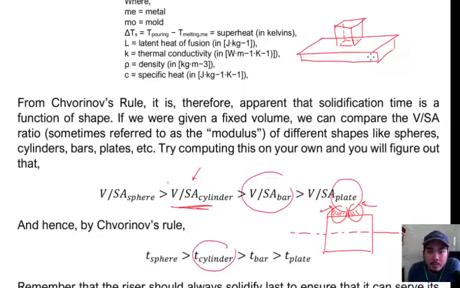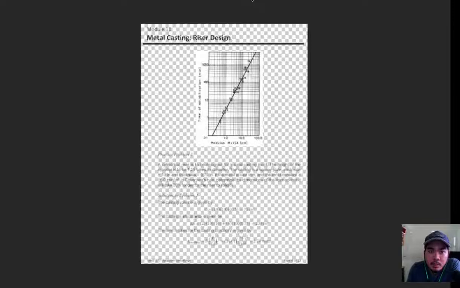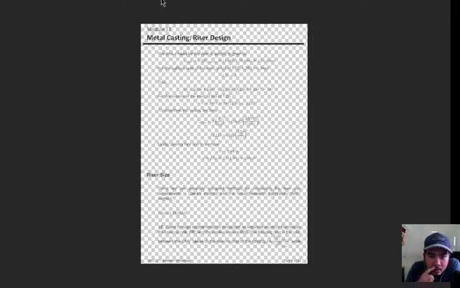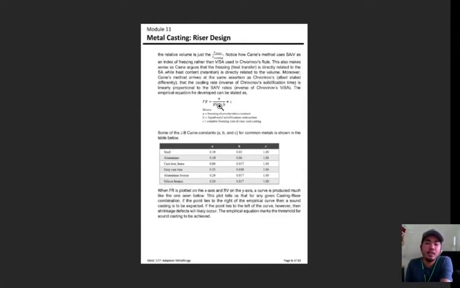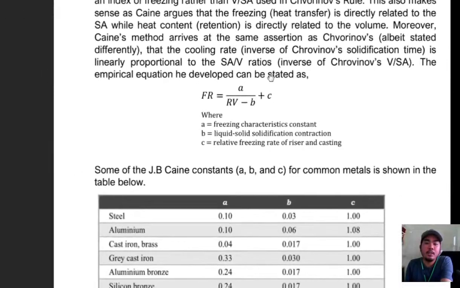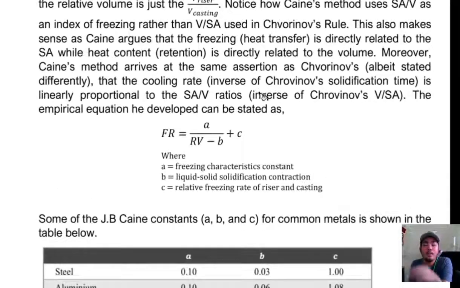So, the first method for solving the riser size is known as your Caine's method, no? So Caine's method involves an empirical equation, and I'll show the empirical equation here now. So it takes into account the freezing ratio and the relative volume.